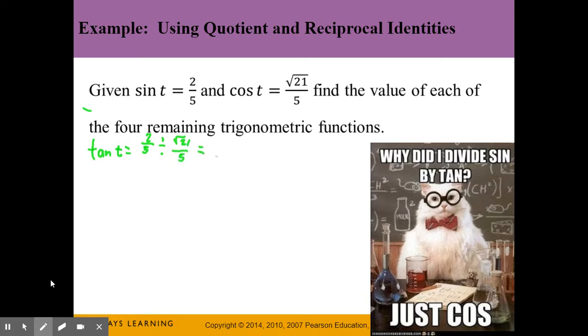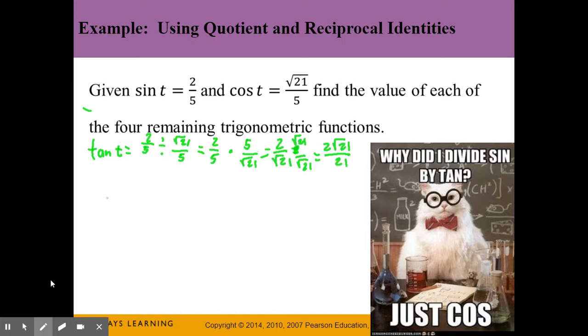I'm going to do keep, change, flip. If I'm dividing by a fraction, I'm multiplying by its reciprocal, right? So I get 2/5 times 5 over root 21. The 5's cancel, and you get 2 over root 21. We need to rationalize by multiplying by root 21 over root 21, and you end up with 2 root 21 over 21.